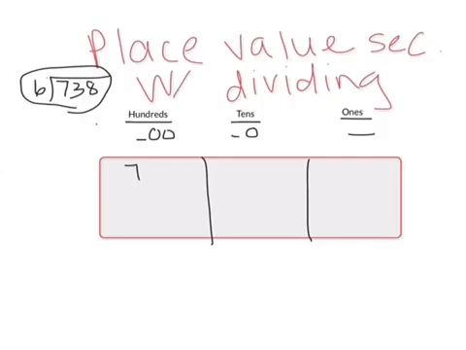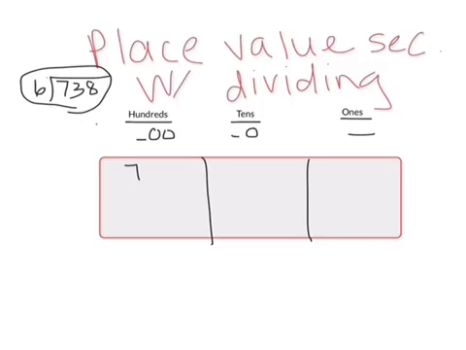So if we multiplied 6 by 200, that would be too big. That would give us 1,200, right? That is too big, so we know that it has to be smaller than that.